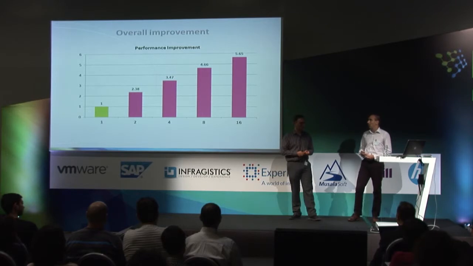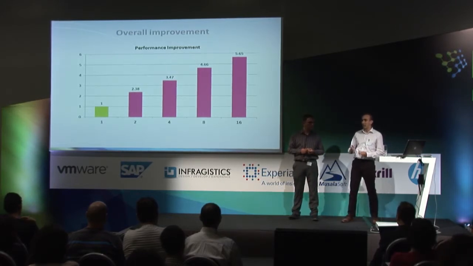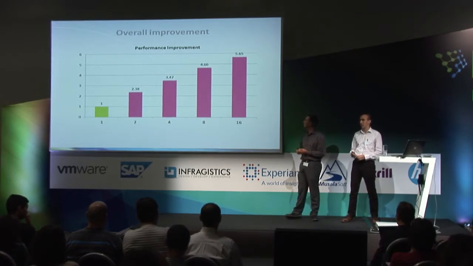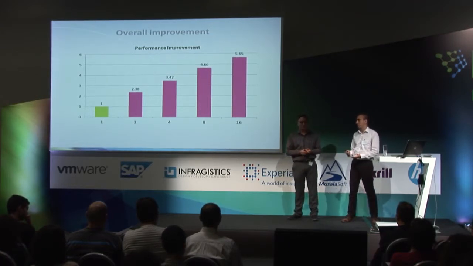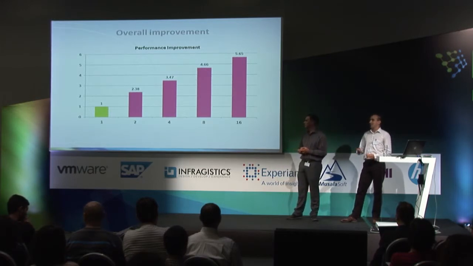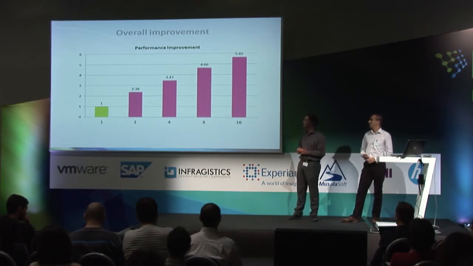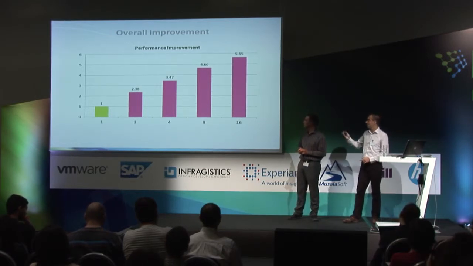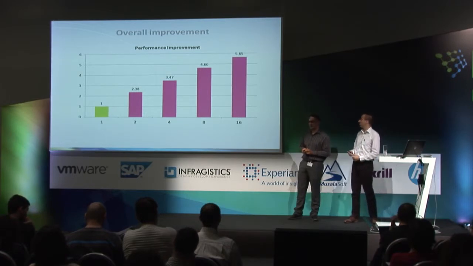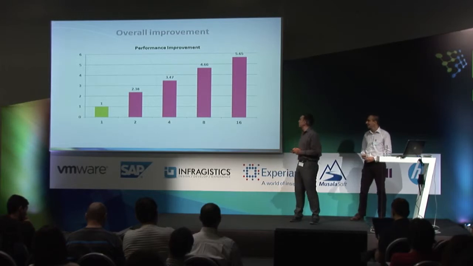Also, we have some operations that cannot be parallelized and multi-threaded, like inversion of matrices and some other things, because there are no algorithms that make them parallel. So we hit the next bottlenecks, and this is why we have only a 5 times improvement on 16 cores.